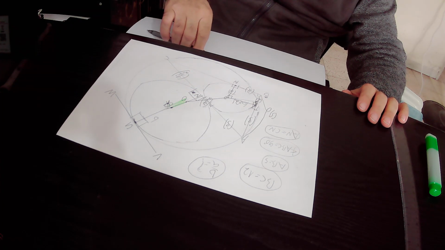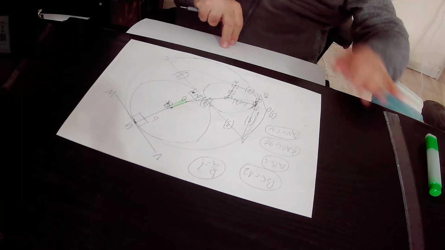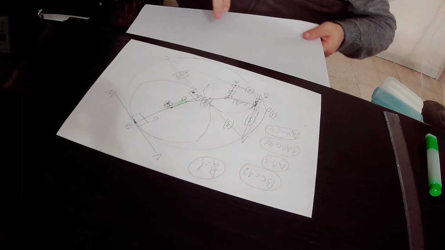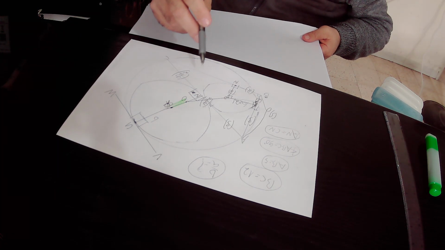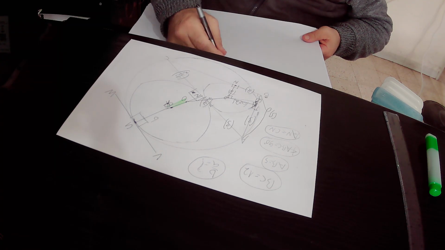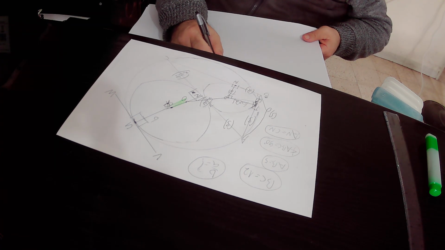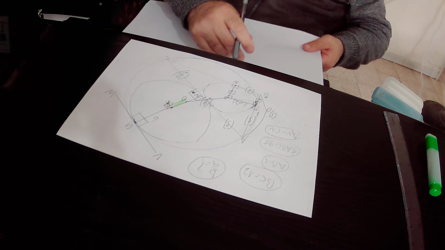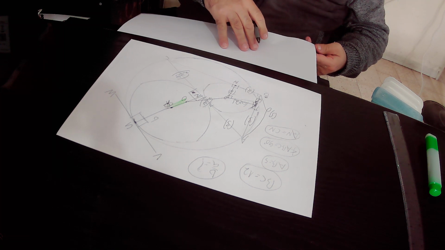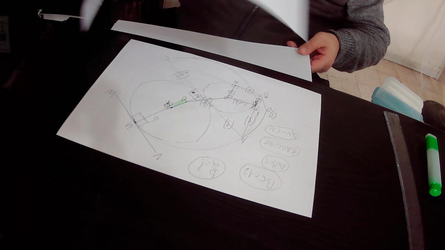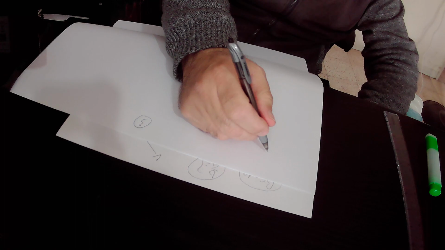Okay, so write it down. According to rule number 9, line segment OPS is one straight line.